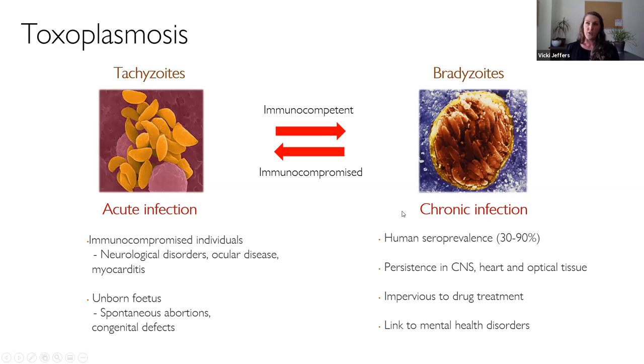This will stay the case if your immune system continues to keep the parasites in their dormant stage, but if the immune system stops working, if a patient becomes immunocompromised, those parasites will activate very quickly and start replicating within the infected tissues. And of course, if it's in the brain or the cardiac muscle, as you can imagine, if those parasites are proliferating and destroying that tissue, it can very quickly lead to some serious consequences.